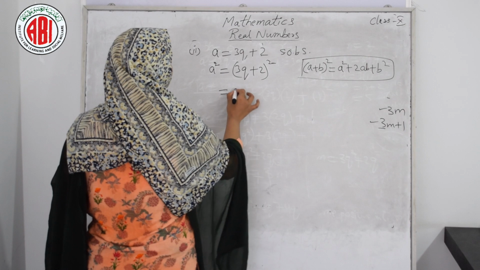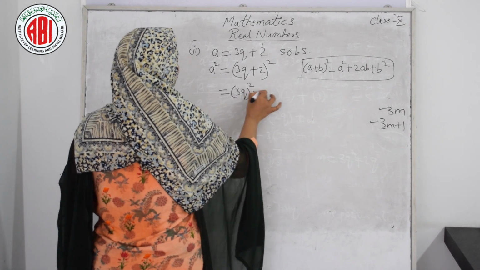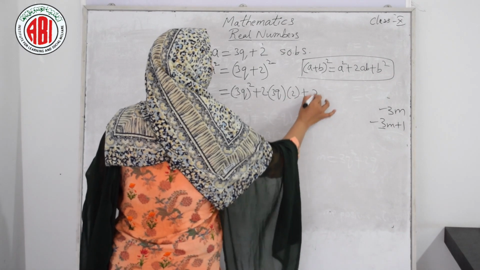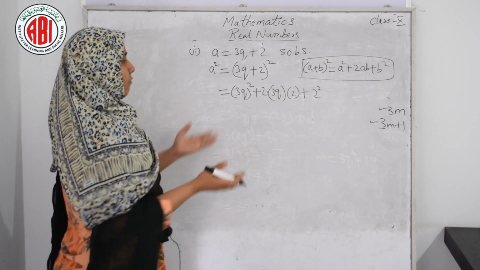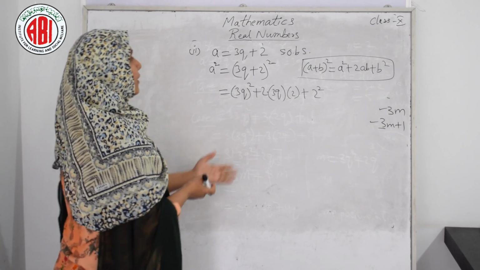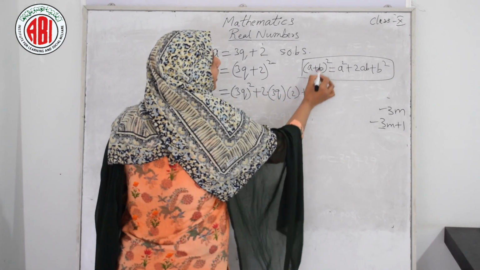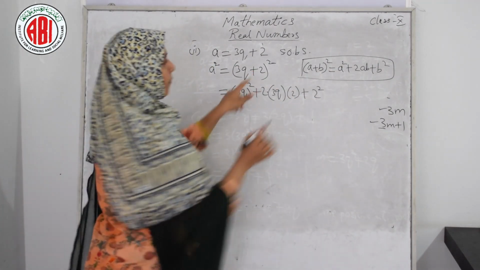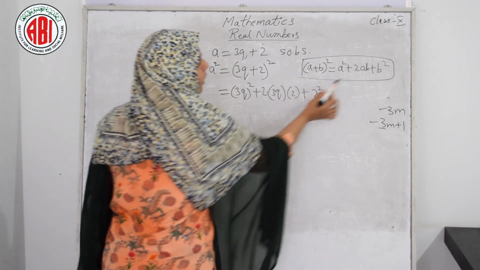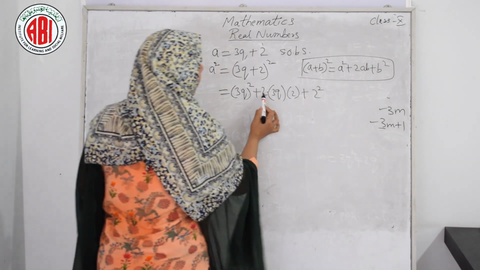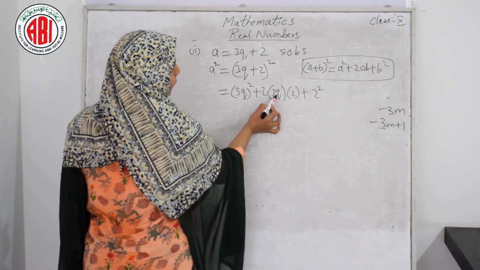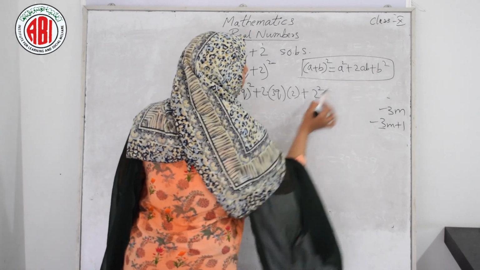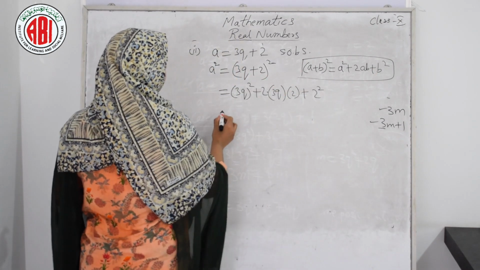Now again it is in the form of (3q) whole square plus 2 into 3q into 2 plus 2 square. Understood this step? Same thing we are applying here, that is (a plus b) whole square. a square is (3q) square, plus 2 into ab multiplication: 2 into a, here 3q, into b, which is 2, plus b square, here b is 2 square.